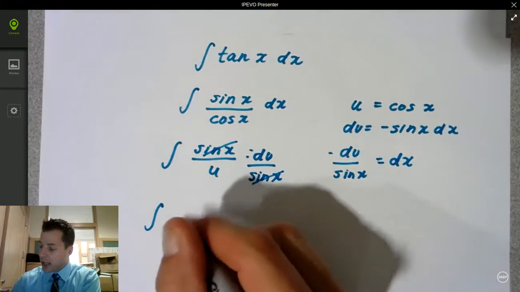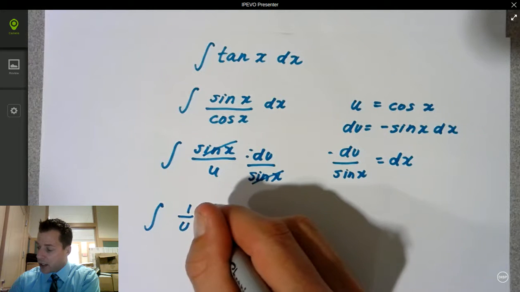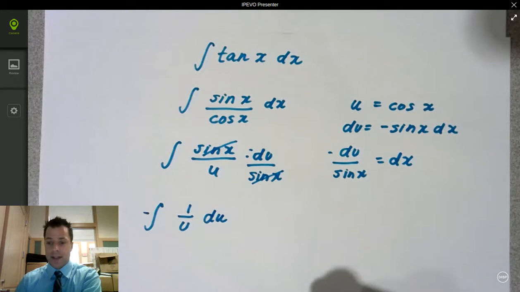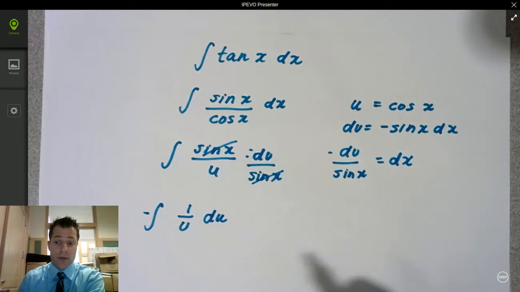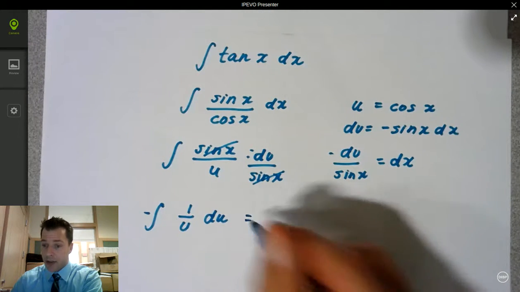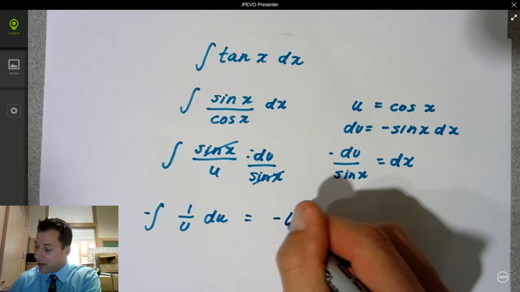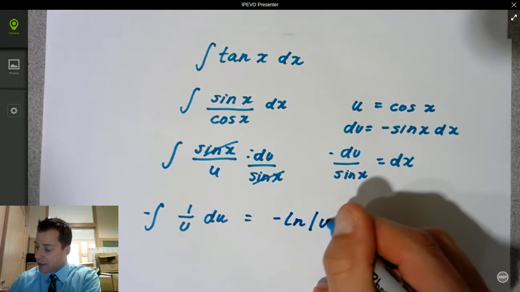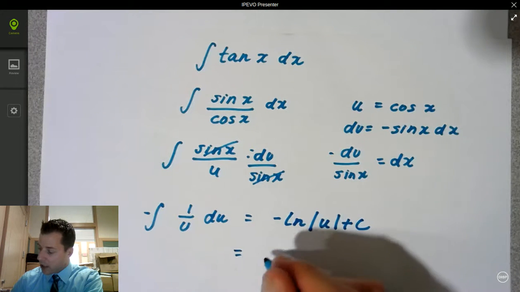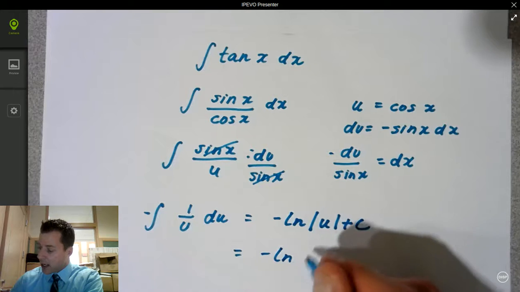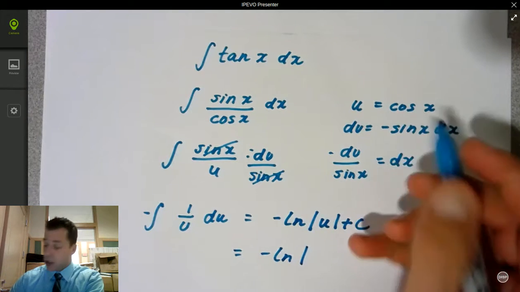We've got the integral of 1 over u du, and it's negative on the outside. What function gives us a derivative of 1 over u, or 1 over x? It's natural log. So this becomes negative the natural log of the absolute value of u plus c. We write this as negative ln of our u value, which is cosine of x.